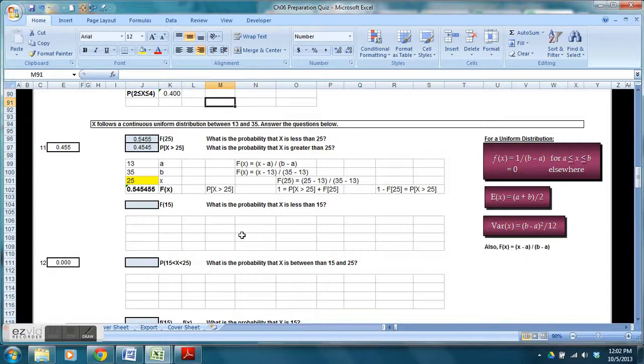Alright, so moving on. Probability that x is less than 15. Well, same formula. Our a and b are the same, so we have this starting point again. And now all we want to do is plug in 15 for x instead of 25. So we can do that right here. Just copy and paste because the process is the same. Change x to 15.